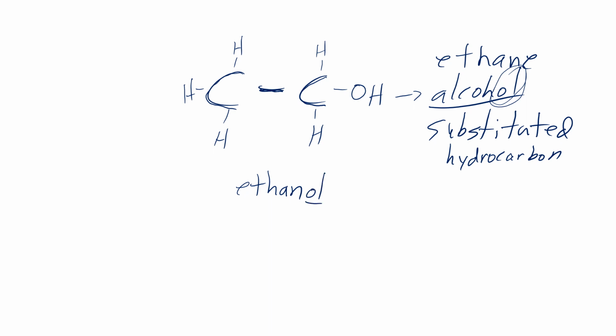This is the intoxicating substance in beers and wines. It's one of the few alcohols that can be consumed and you don't die right off. Like I said, the ETH means 2 carbon atoms. ANE means single bonds between the carbon atoms. OL means I've got an OH group on there. I substitute an OH group in for one of the hydrogens.